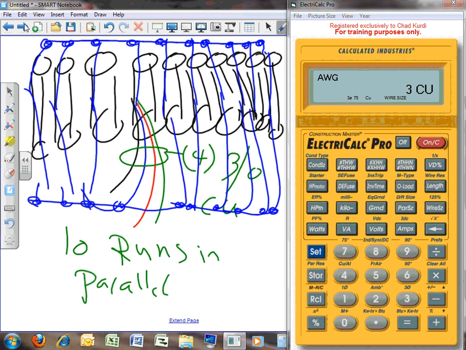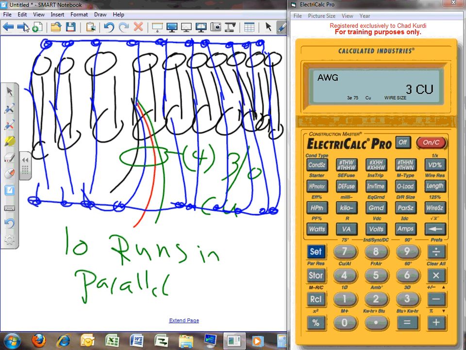When you parallel conductors, if you don't know by now, the conductors have to be the same length, so you have to measure them. They have to be the same size when you parallel them. So 3 aught, they all have to be 3 aught, the parallel ones. They have to be the same insulation, the same conduit type when you parallel them. What else are we missing?